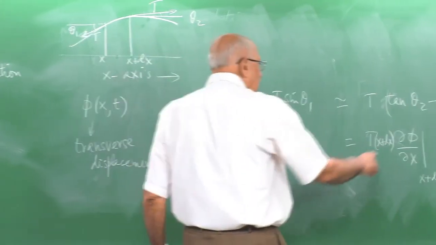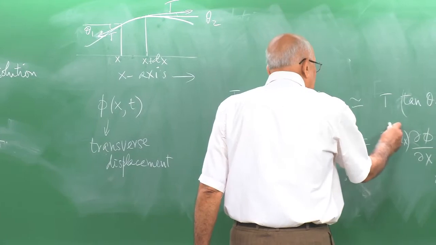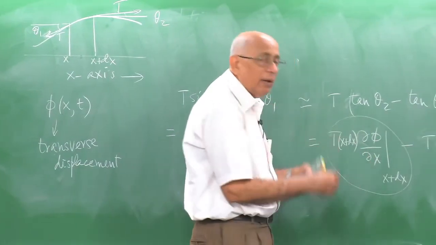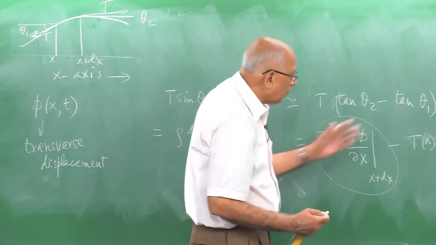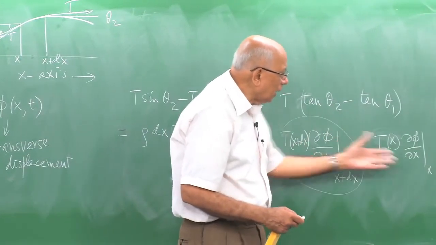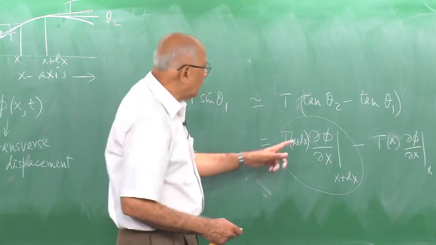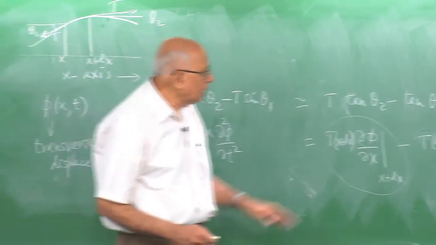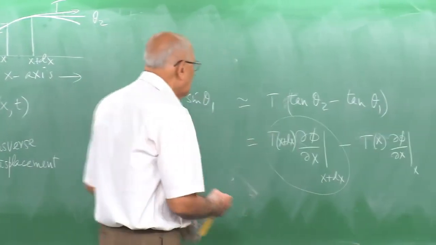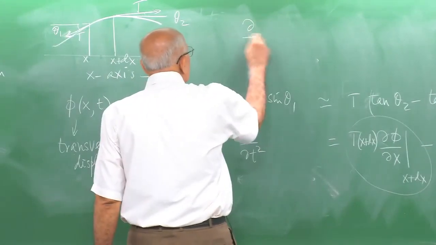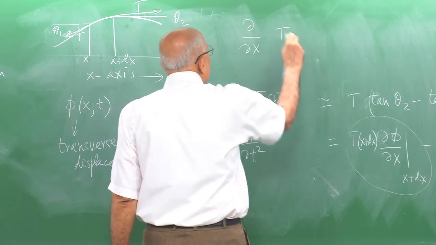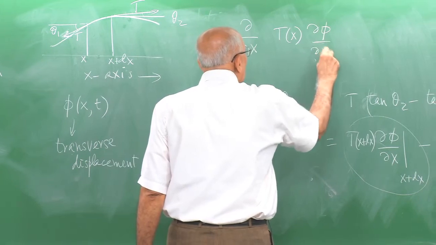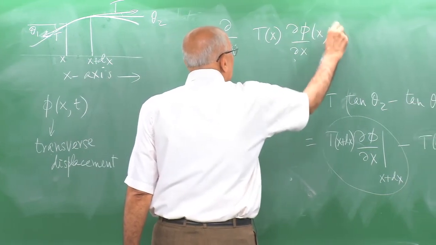This is approximately, if I do a Taylor expansion, take this function, T delta phi over delta x evaluated at x plus dx, subtract from it the same function at the point x. If you do a Taylor expansion of this complicated function about the point x, the leading term cancels, and what remains is the derivative with respect to x of T, which is possibly a function of x, times delta phi over delta x, and that is a function of x and t on this side.